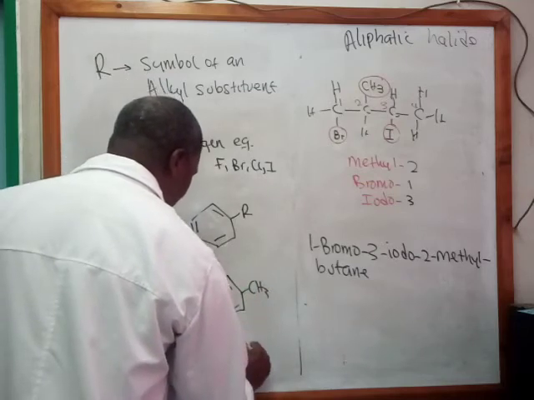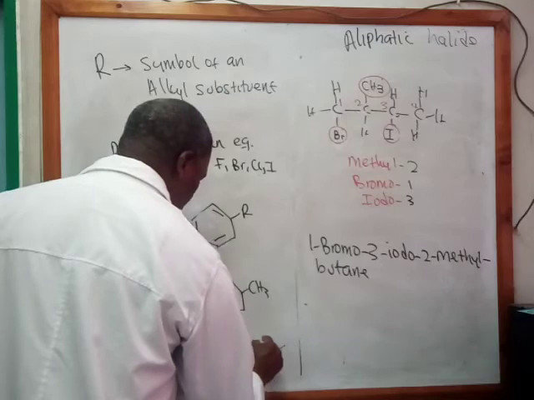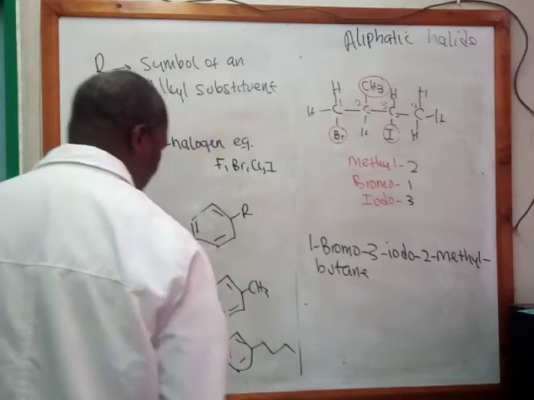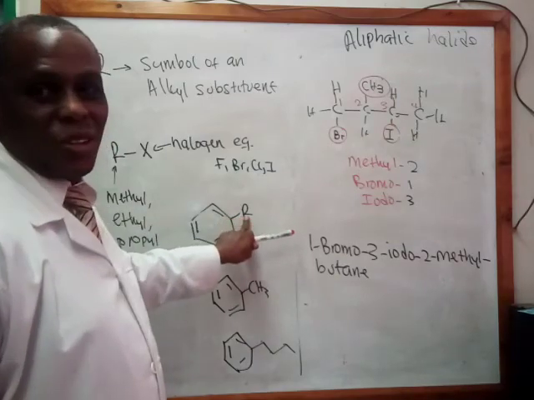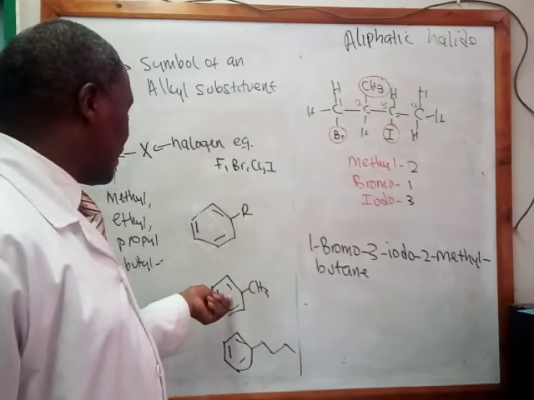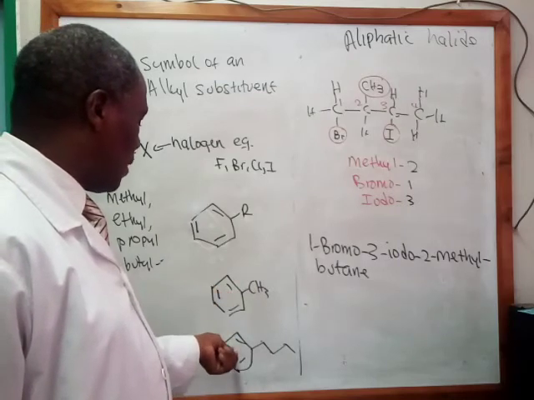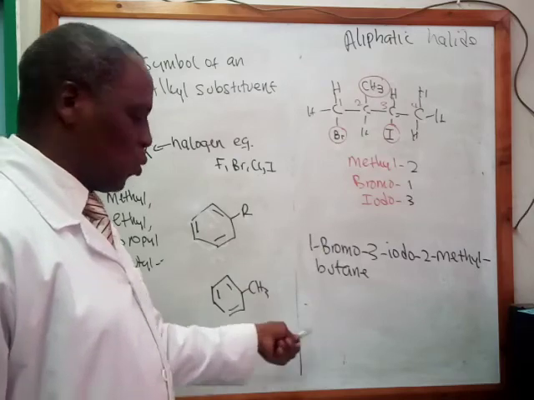In this case, this is just a general R. It can represent a structure whereby there's a benzene group attached to a methyl group, or a benzene group attached to a butyl group.